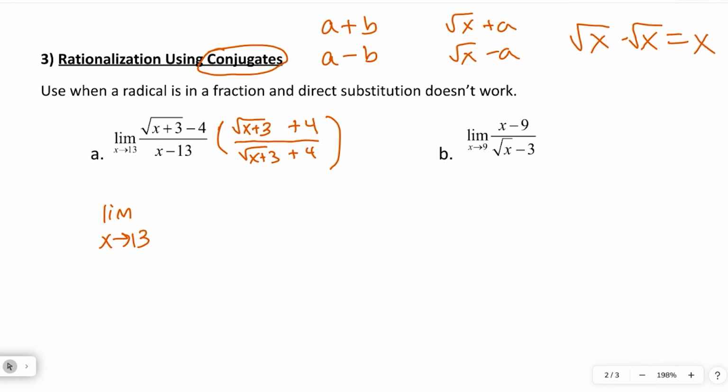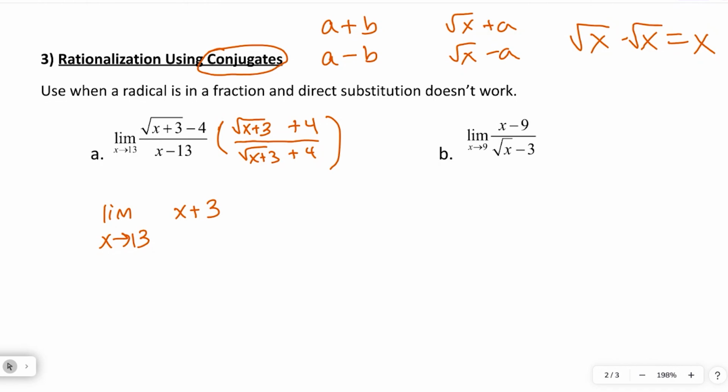It just equals whatever's underneath the square root. So if I multiply the square root of x plus 3 times the square root of x plus 3, that's just going to equal x plus 3, right? If I multiply this by this, I get x plus 3. Okay? The other two cancel out.